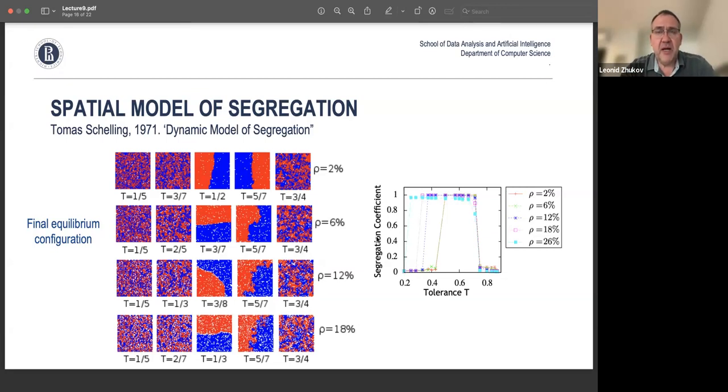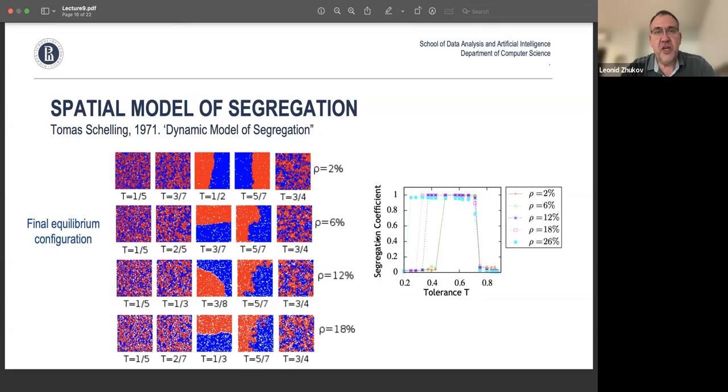Even if people are quite tolerant as a group, as a society, it will lead to segregation. Even if people, and here you can see the different simulations, are very tolerant and are capable of accepting quite a significant fraction of their neighbors being a different type.